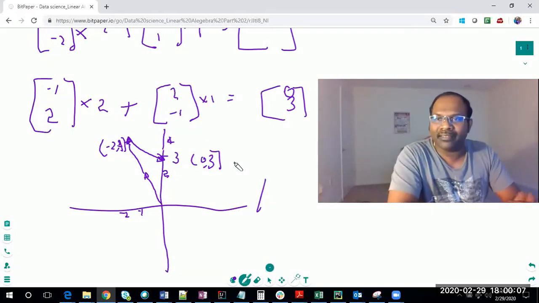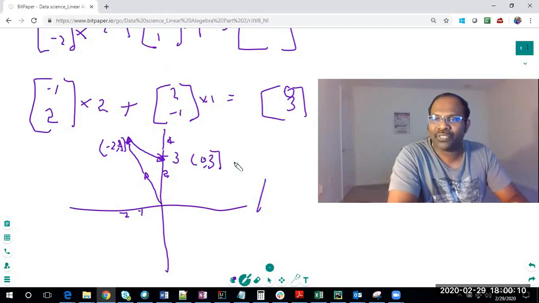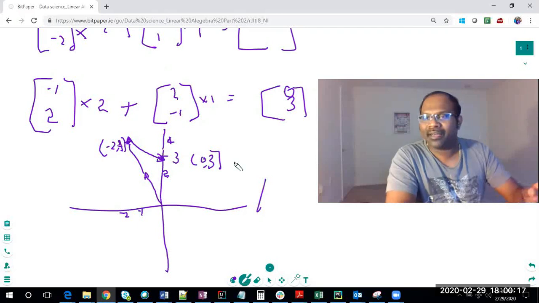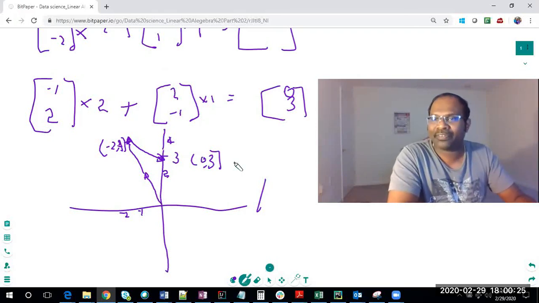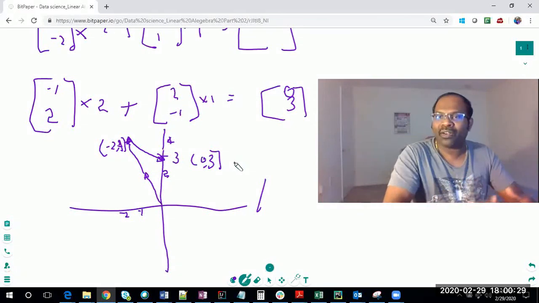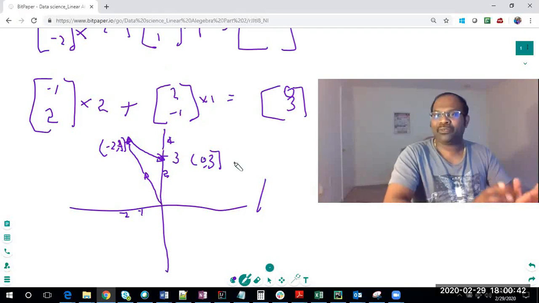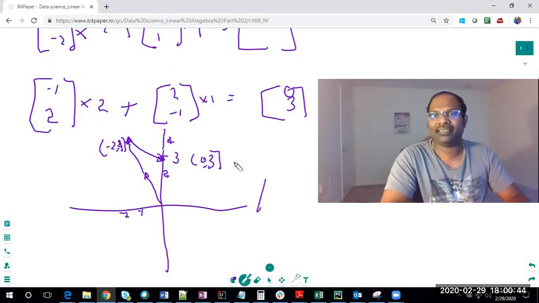I hope this video gives you a basic understanding of how a two-dimensional equation looks, how we can get x and y values through the row picture, how we can get the right side coefficient through the column picture, and in the column picture, how we modified it into matrices and vectors, and how we multiply them to reach the coefficient.